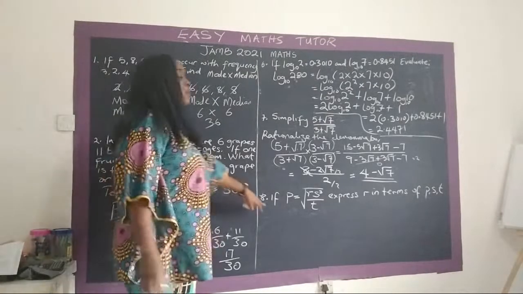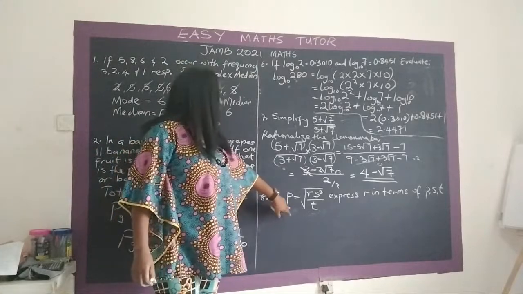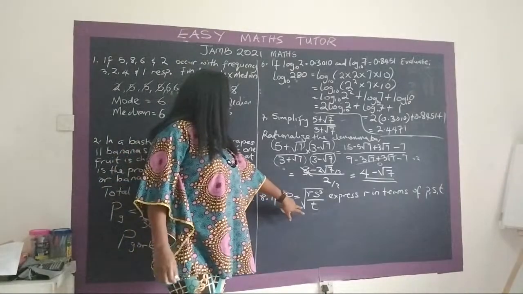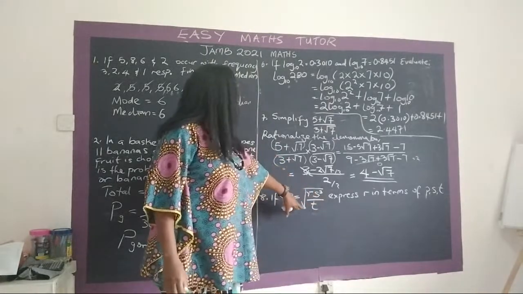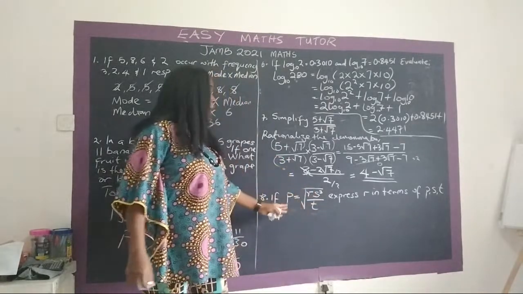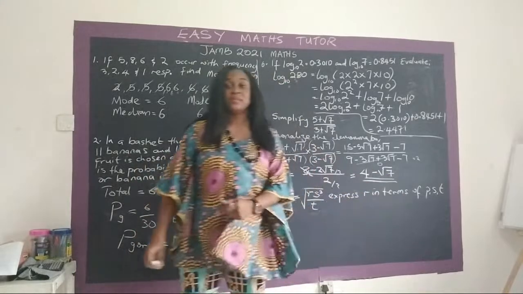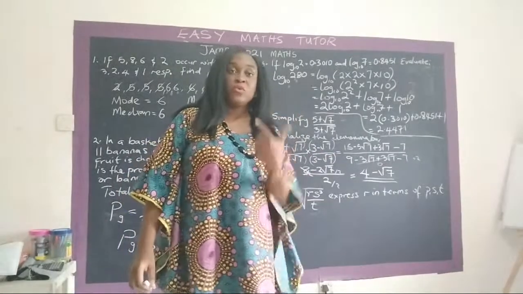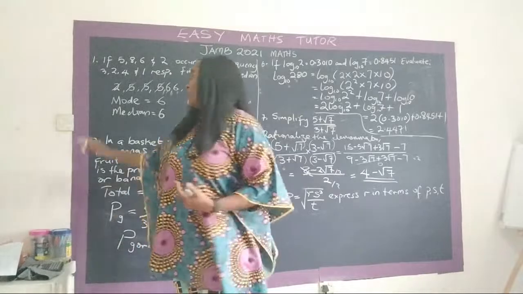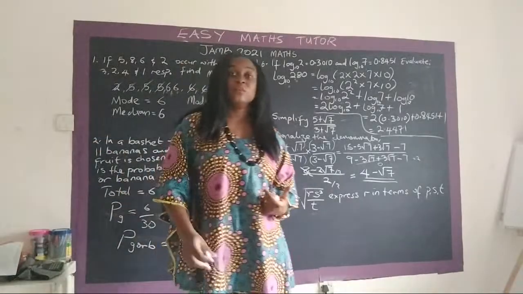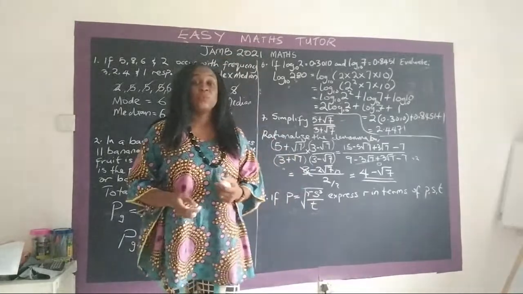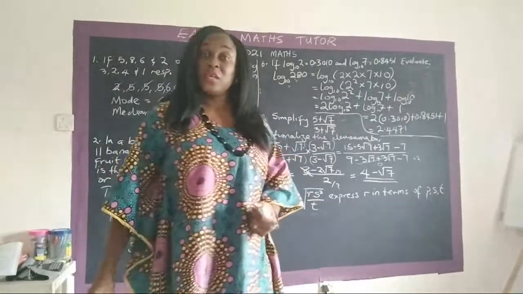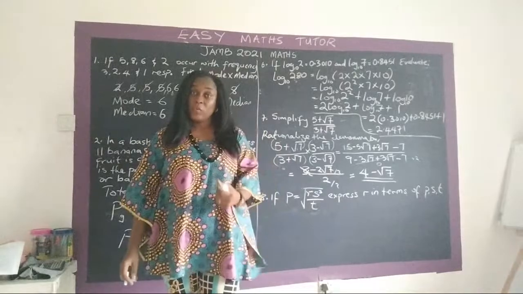So now the question is, if P equal to the square root of r s cubed all over t, express r in terms of p, s, and t. This is a typical question of changing the subject of a formula.